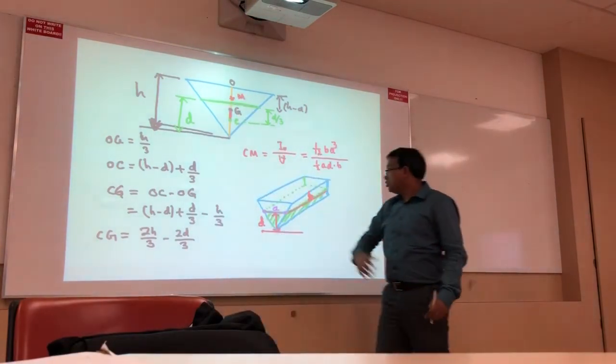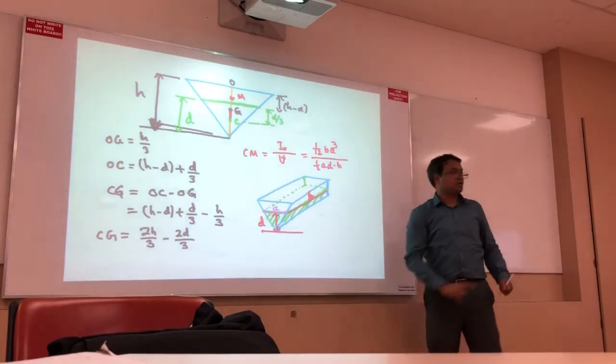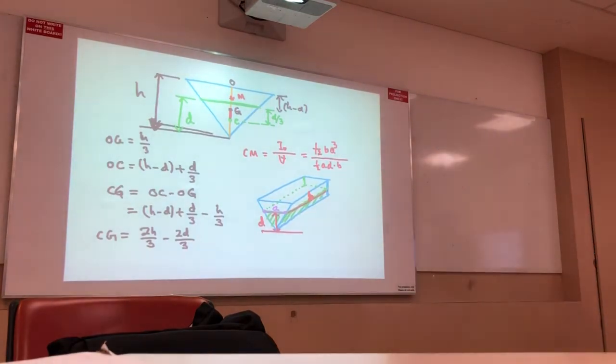Now you compare which one is bigger, CM or CG. Correct? If CM is bigger than CG, the object is stable. Right? Or I can write if CM minus CG is positive number, right? Any positive number.